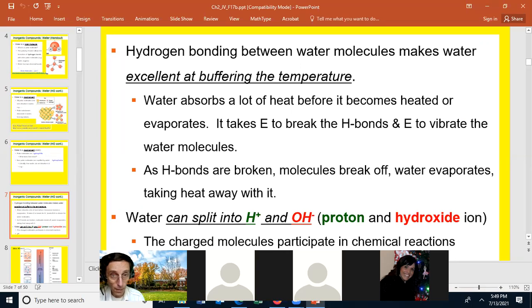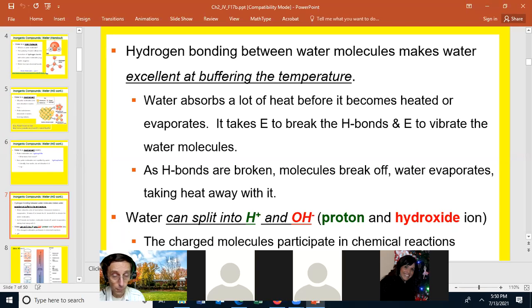So before the water will start boiling, you have to give enough energy to heat up the water molecules so they'll move, as well as put energy into the hydrogen bonds to break those bonds. And when the water molecule has all of the hydrogen bonds broken, that molecule will evaporate. Okay? And leave the liquid solution that we're calling water.